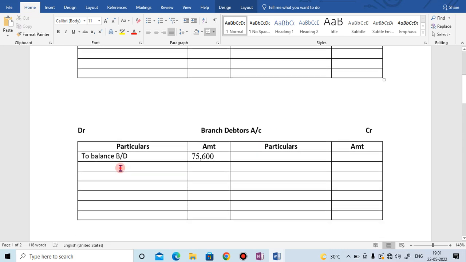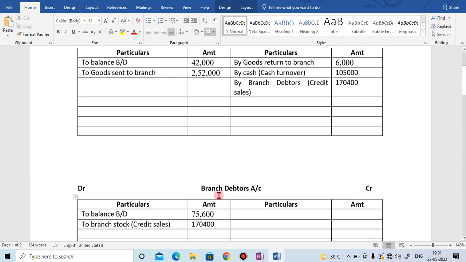Now in branch debtors account, to branch stock, credit sale $1,70,400.